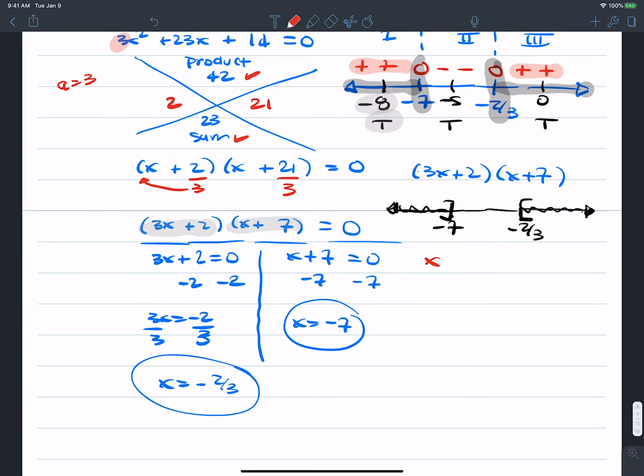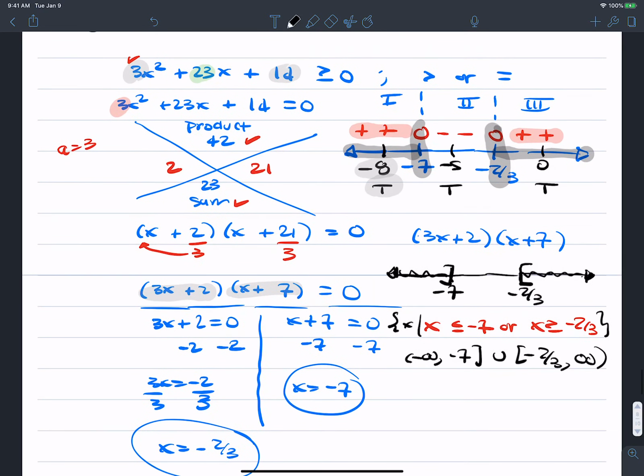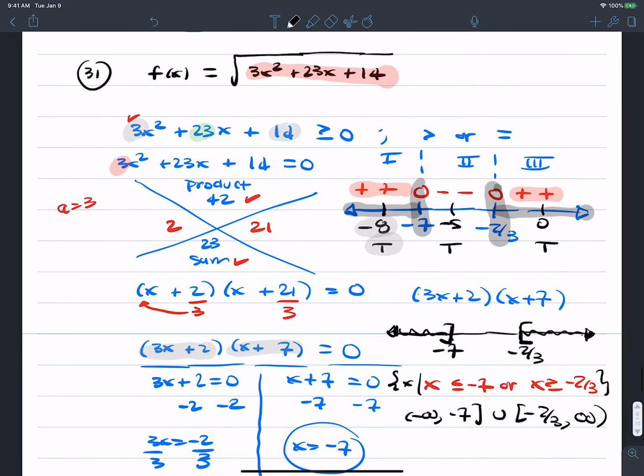The left piece is numbers less than or equal to negative 7, or numbers greater than or equal to negative 2/3. Set of all x such that this is our domain. Negative infinity up to negative 7, union, negative 2/3 to infinity. Here's our interval notation. So there you go. This is number 31.